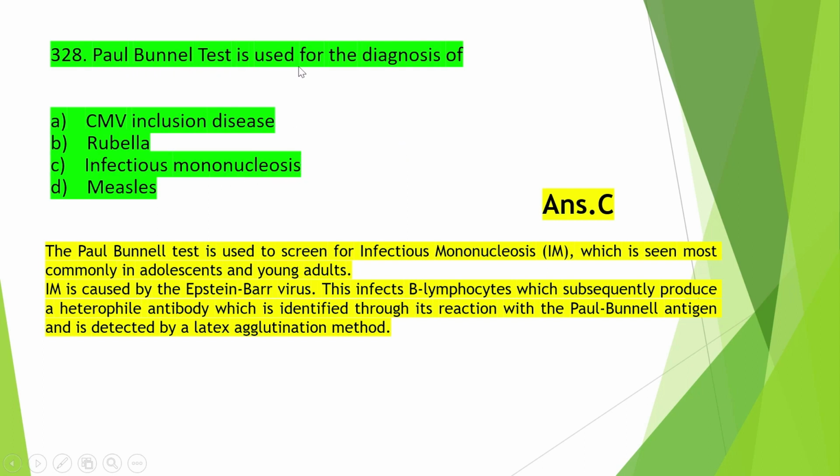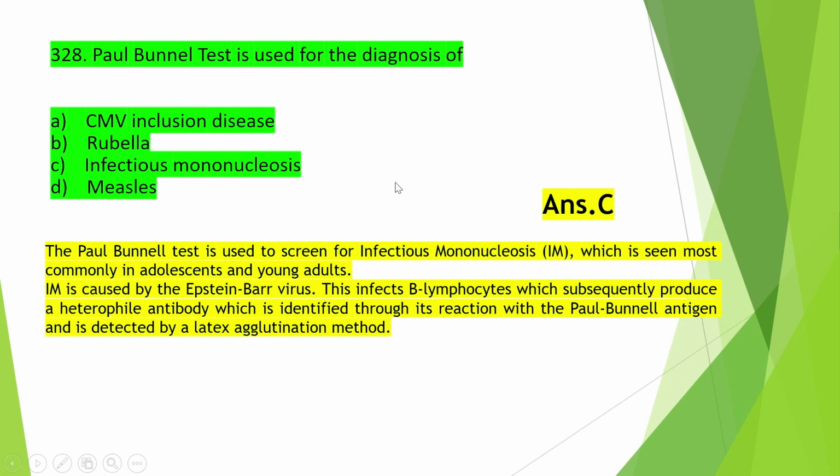The Paul Bunnell test is used to screen for infectious mononucleosis, which is seen most commonly in adolescents and young adults, and this disease is caused by the Epstein-Barr virus. This infects B lymphocytes, which subsequently produce a heterophile antibody which is identified through its reaction with the Paul Bunnell antigen and is detected by a latex agglutination method.